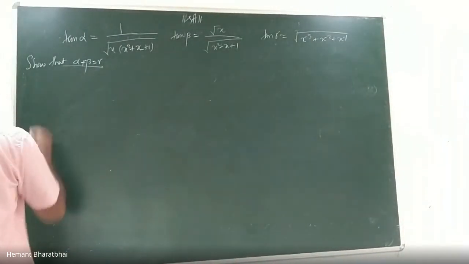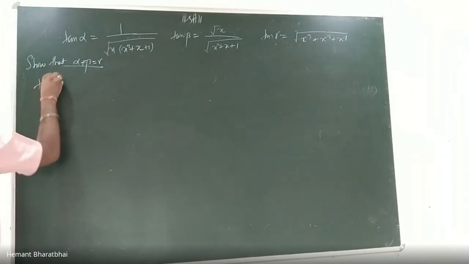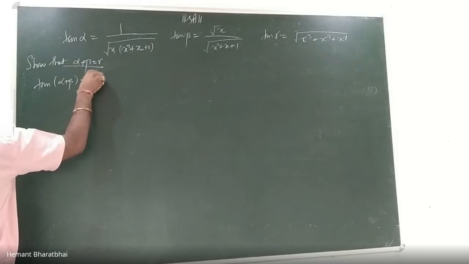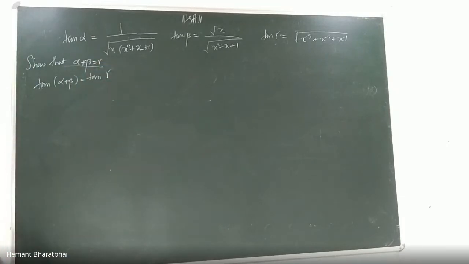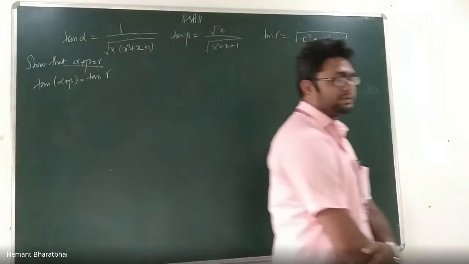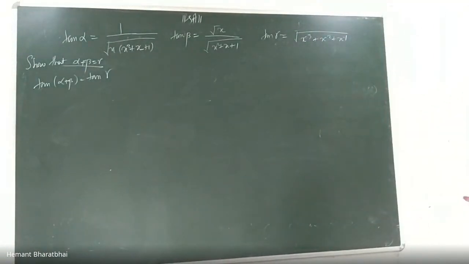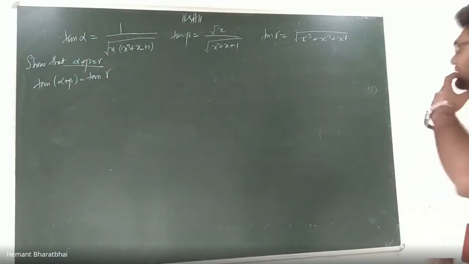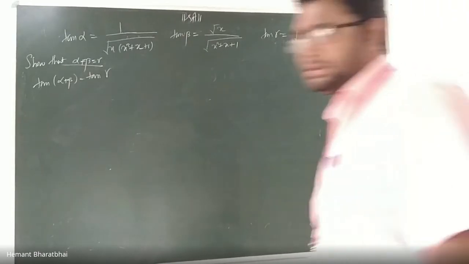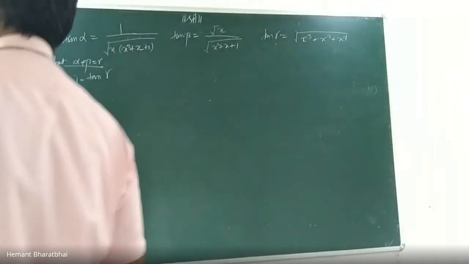Suppose I take tan on both sides, then what can I get? I can get tan of alpha plus beta is equal to tan gamma. So if I am able to prove this, I will be able to prove what he has said, that is alpha plus beta is equal to gamma.